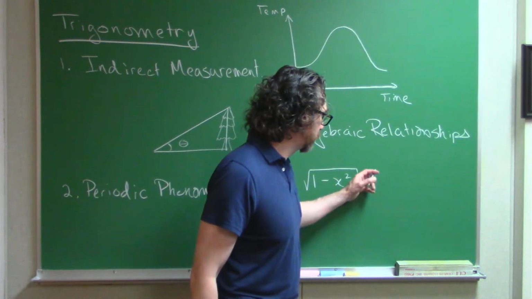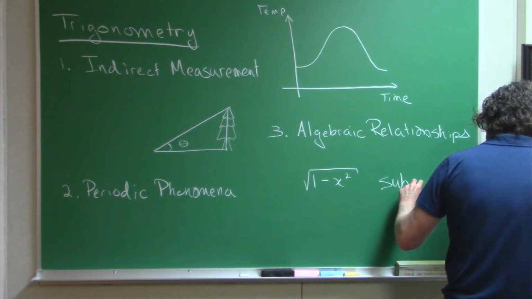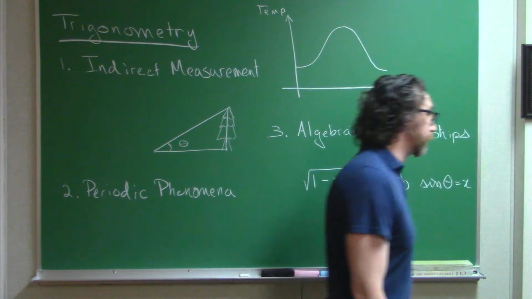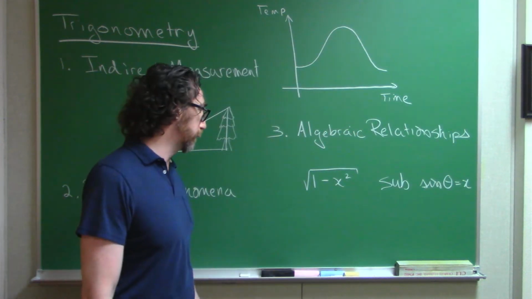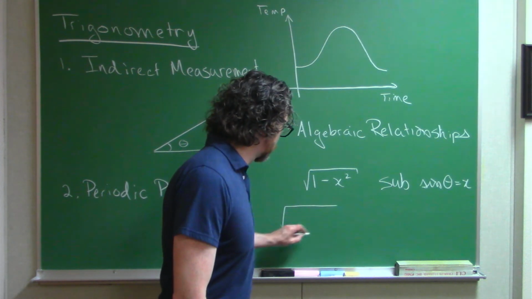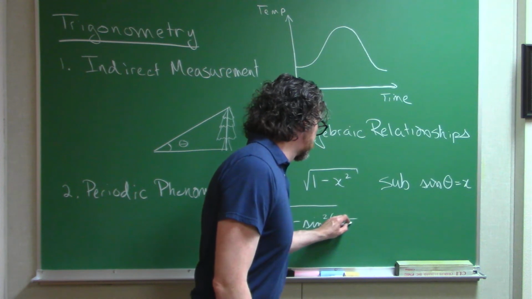However, if we do a substitution, let's say sine theta in for x, and we replace x with sine theta, then this expression becomes 1 minus sine squared theta.